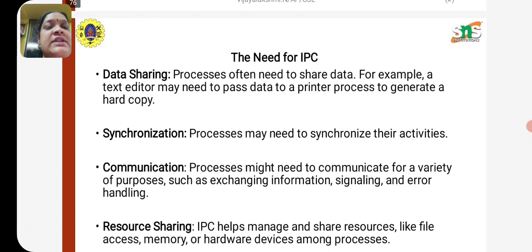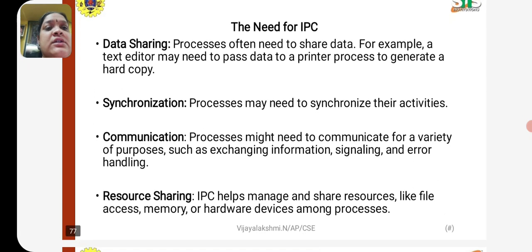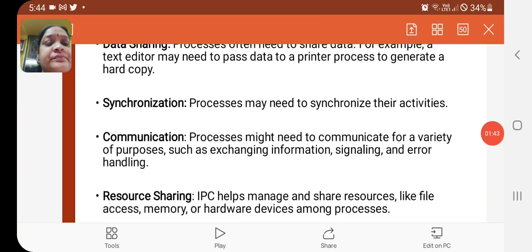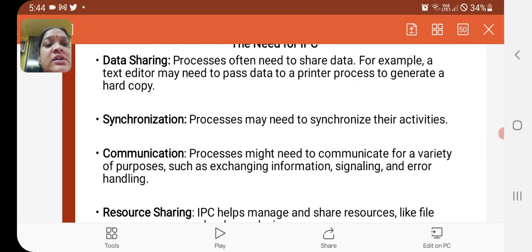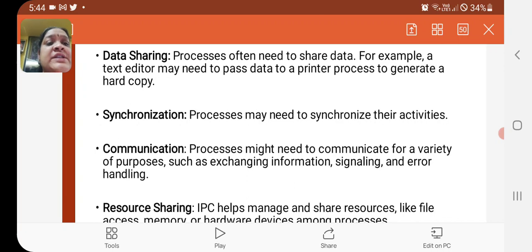So what is actually the need for IPC? As I already told, we need to share data, synchronization, communication, and resource sharing. Data sharing means processes often have the opportunity to share data, and synchronization means processes may need to synchronize their activities.